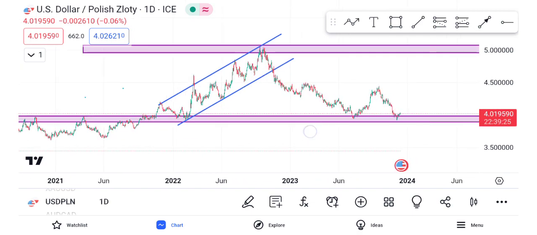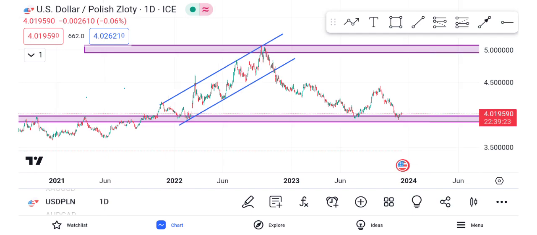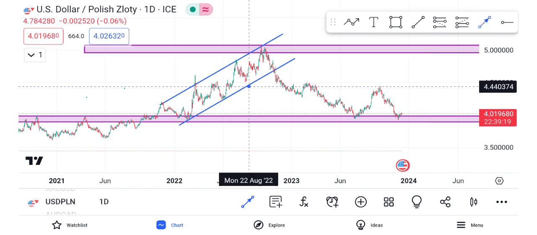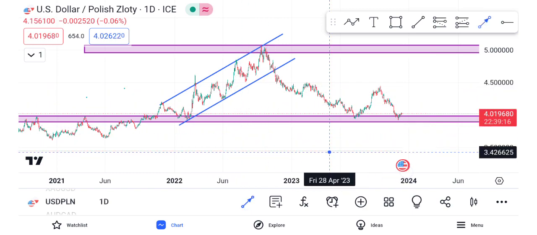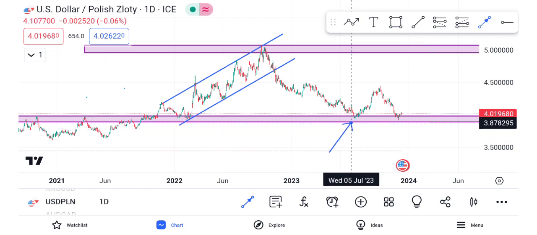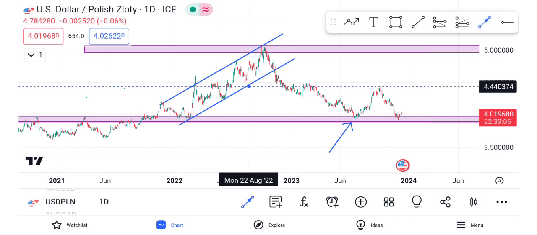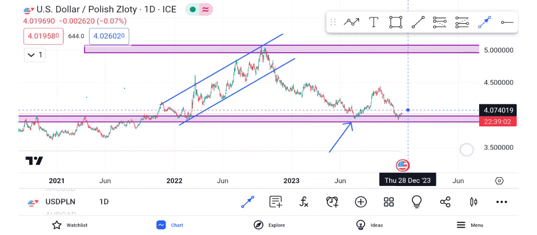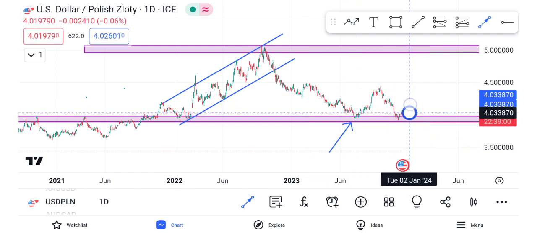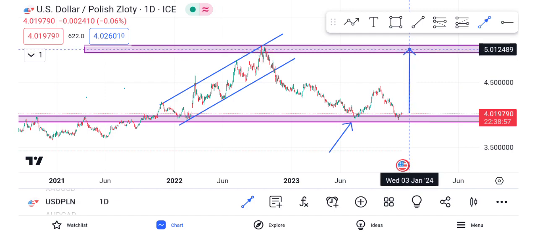The next thing for us is, when the price gets back to the support level, I mean this point, we all know that the price will go back up. I mean the price will reject back to the resistance level, or the price will break the support level.